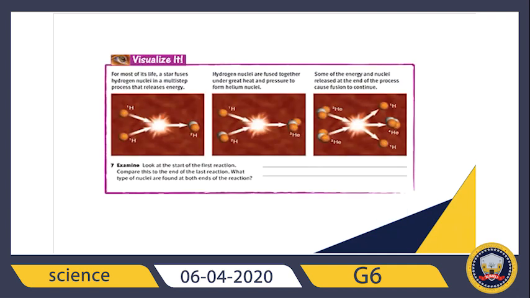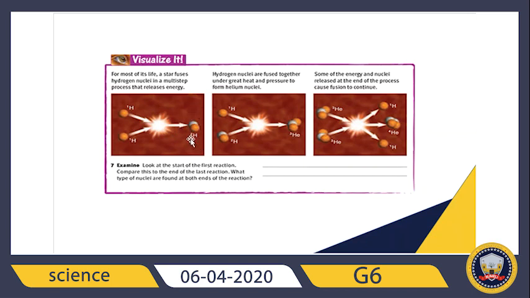As we can see here, we have 2 atoms of an element called hydrogen, and as I said, at the center of each we have a nucleus, and this nucleus contains one proton. So H1 and H1, the nuclei of 2 hydrogen atoms, will fuse together. When they fuse, a certain amount of energy will be emitted, and at the end it will result in the formation of a new hydrogen atom.